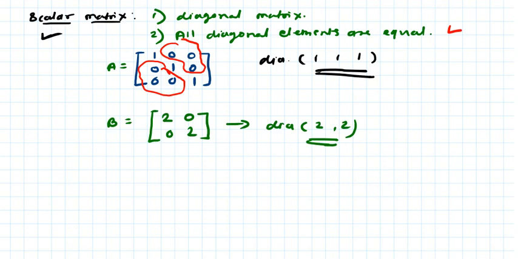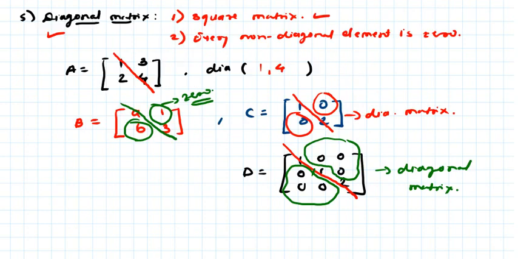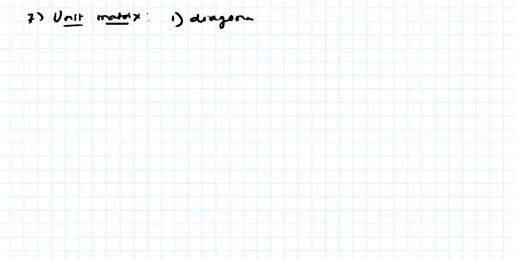Okay, now next thing is, what means unit matrix? Firstly, it should be a diagonal matrix, and obviously it is a diagonal matrix.